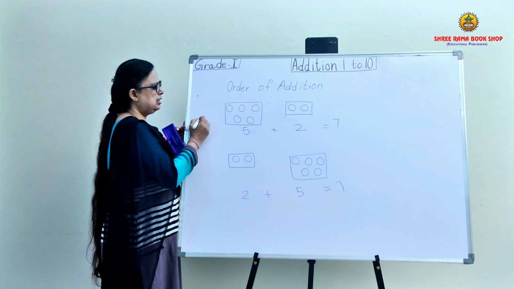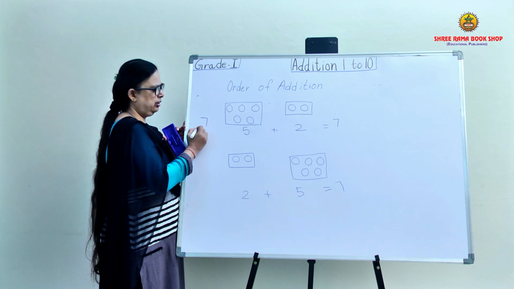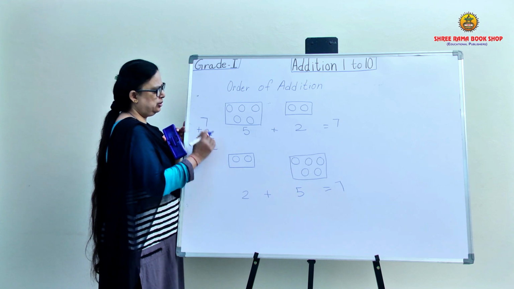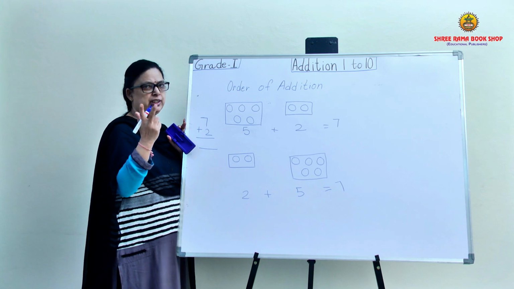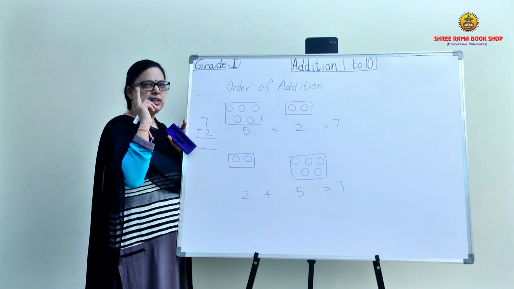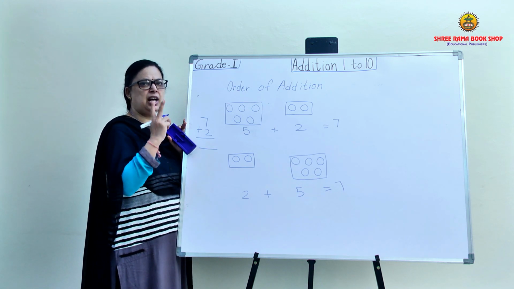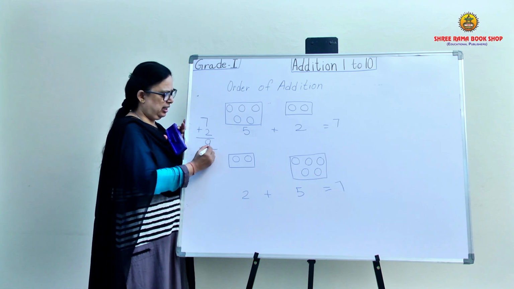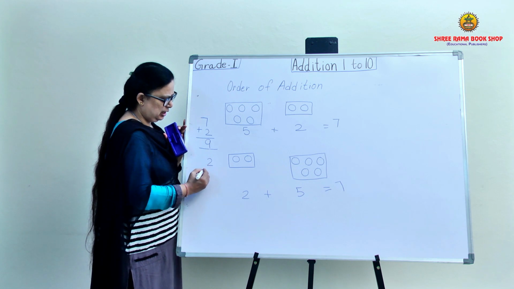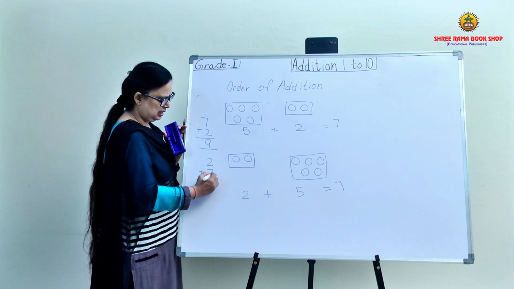Let's take 7, okay, plus 2. So 7 plus 2. 7 in your mind, you can take 2 on your fingers because it's a small number. So 7 in your mind, 2 on your fingers. After 7, 8, 9. Okay, now let's do this. 2 plus 7.